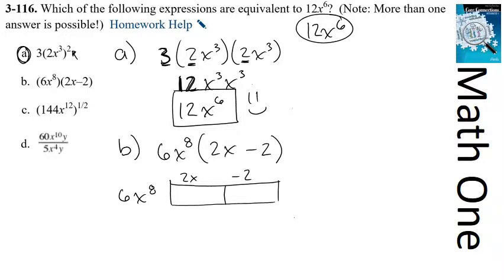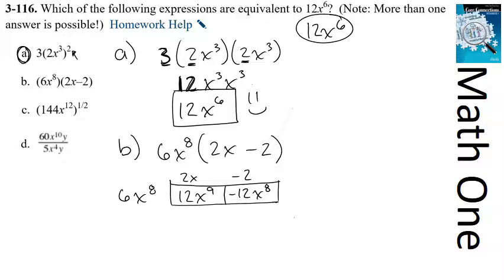So when I multiply 6 times x to the 8th by 2x, I get 2 times 6, which is 12x to the 9th power, right? 8 factors of x, and one more is 9 factors of x. And then I've got a negative 12x to the 8th power. Now, unfortunately, these are not like terms, right? They're different.